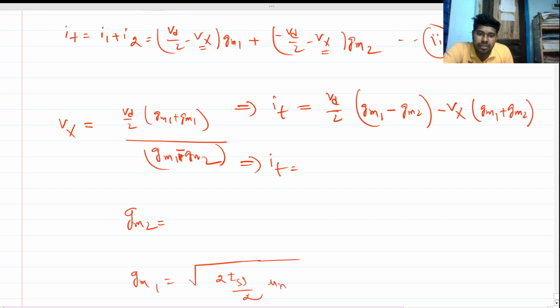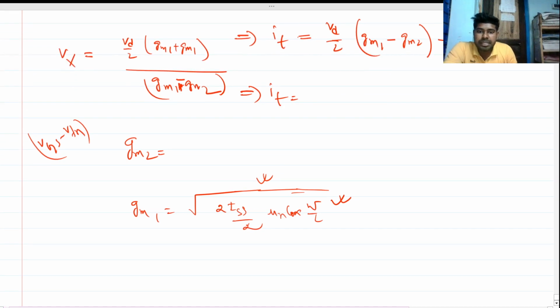Times mu n Cox W over L. Why are we using this expression? Because we haven't been given the VGS minus VTN values. Okay, so this is the correct expression for this case, because we have all the given parameters. So this is our Gm1, right?